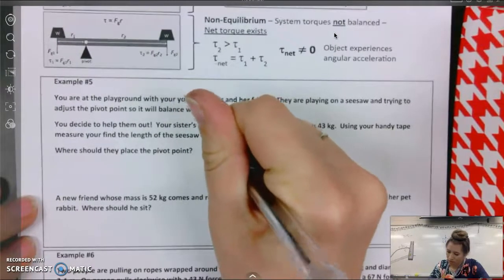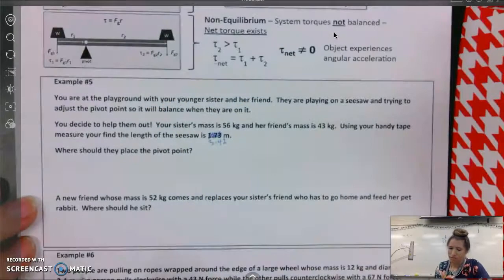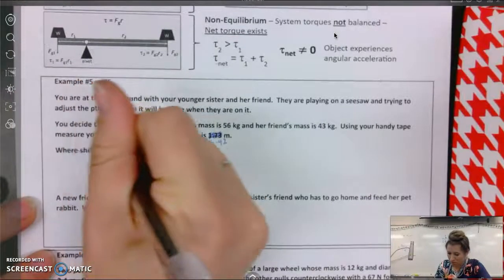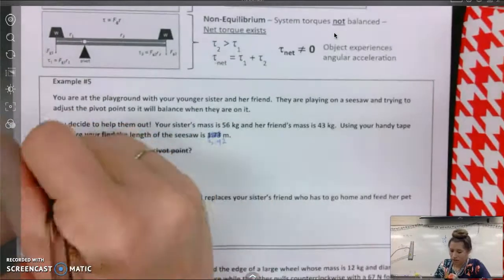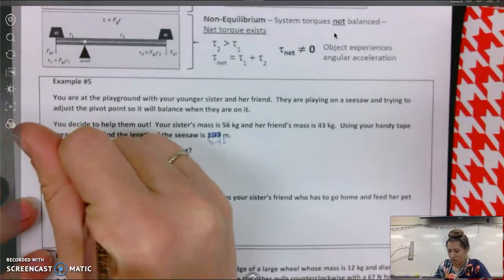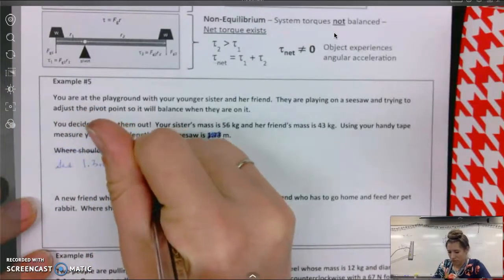If I remember right, this was 3.42 meters. And we're not wondering about where we should place the pivot point. We're going to say that our sister is 1.3 meters from the pivot point.